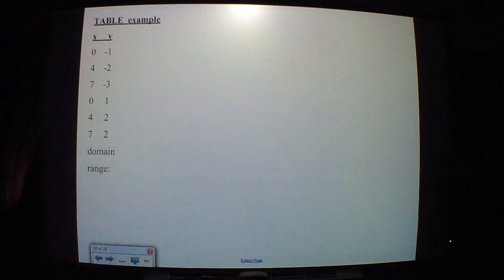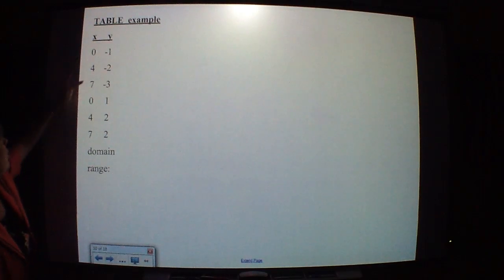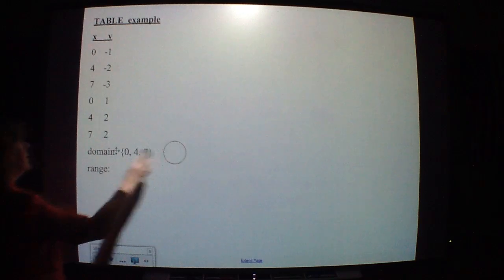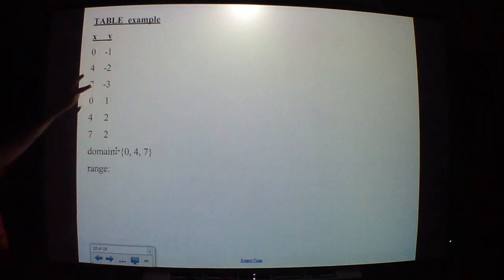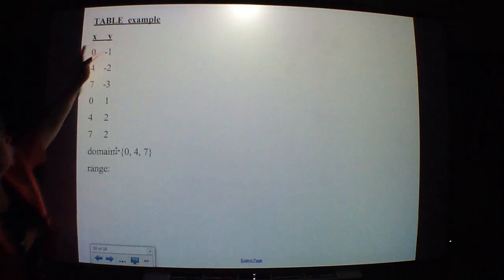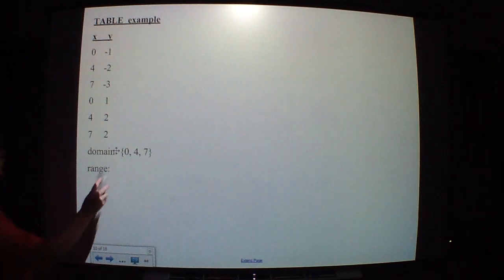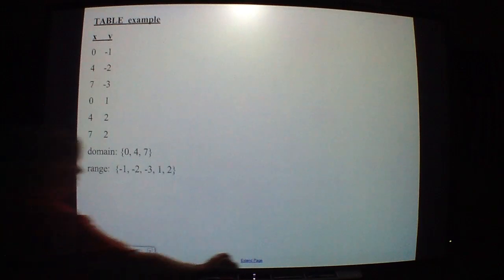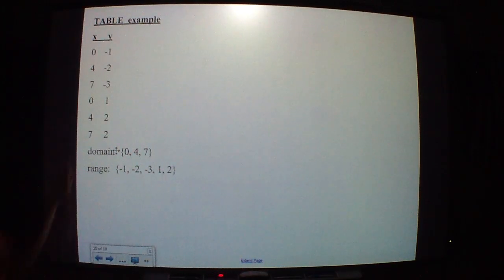You can look at it as a table. Domain would be 0, 4, and 7. Range, -3, -2, 1, 2. Is this a function?